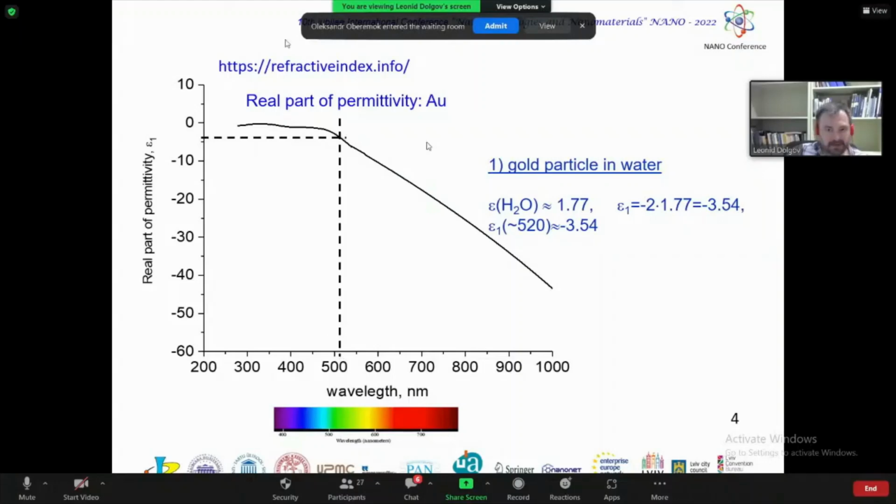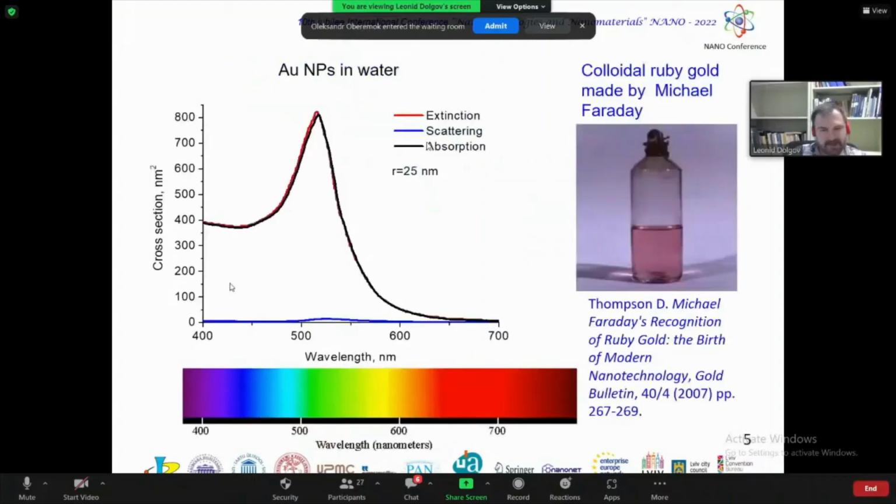And you see that for gold particles, for example in water, it will be in the range of greenish light. It means that in this greenish light we will have a strong absorption, but in transmittance we will have the transmitted red part of light. And indeed, these colloids of gold nanoparticles have red color.